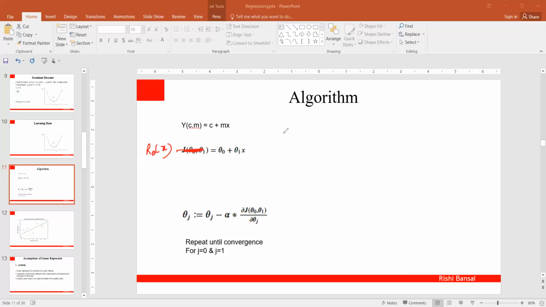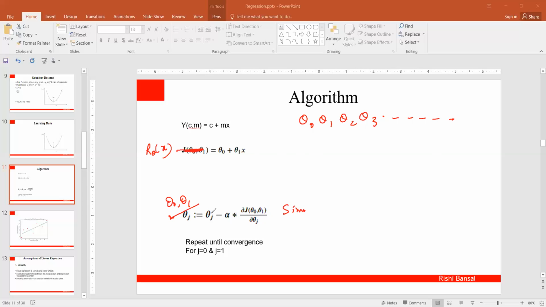In the algorithm, this theta j is nothing but theta 0 and theta 1 both. If we have more than two coefficients, theta 0, theta 1, theta 2, theta 3, this is a generalized equation, so it will calculate all the coefficients. And it is a simultaneous update.